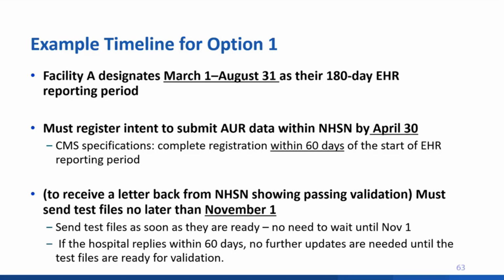To receive a letter back from NHSN showing passing validation, the facility must submit test files no later than November 1st. However, test files should be submitted as soon as they are ready, and there is no need to wait until November 1st. If the hospital receives a response from NHSN within 60 days, no additional updates will be required until the test files are ready for validation.